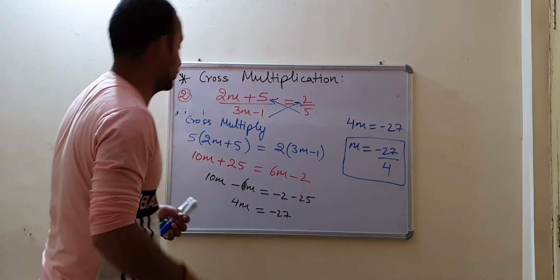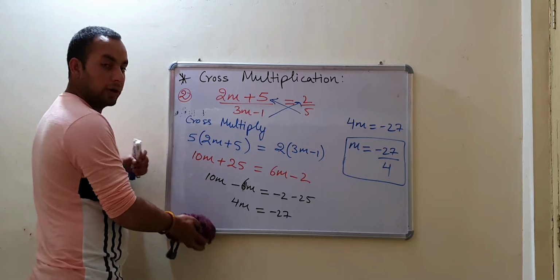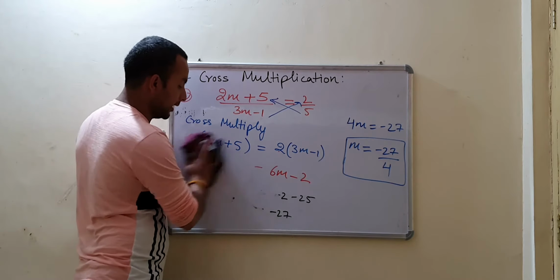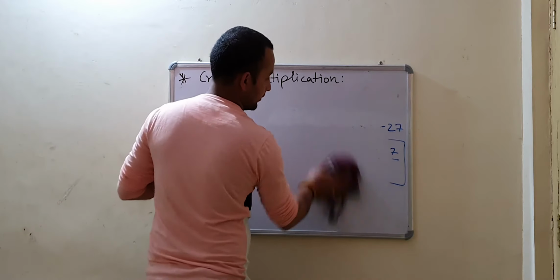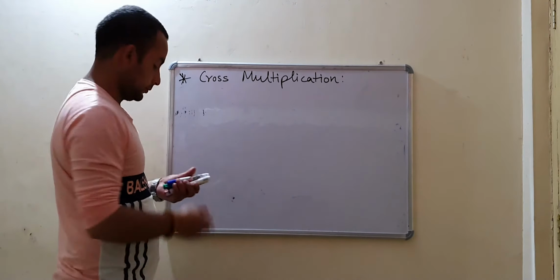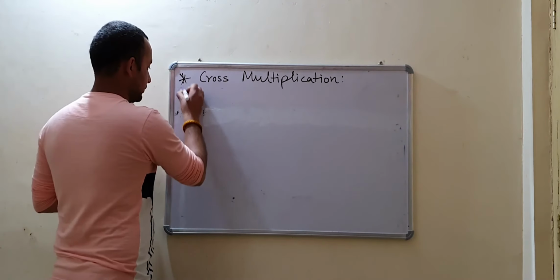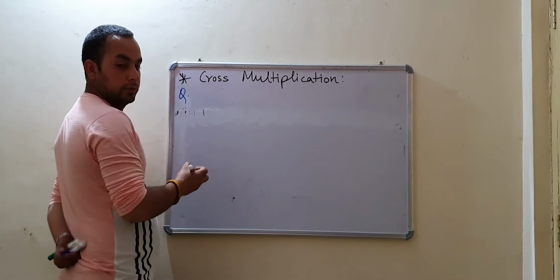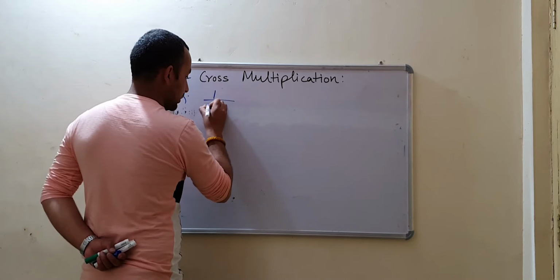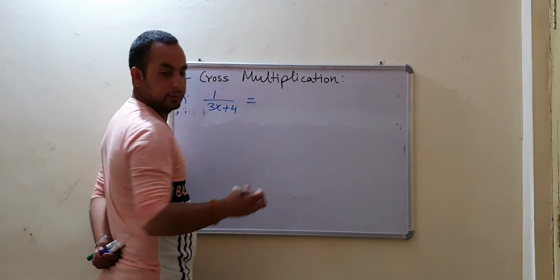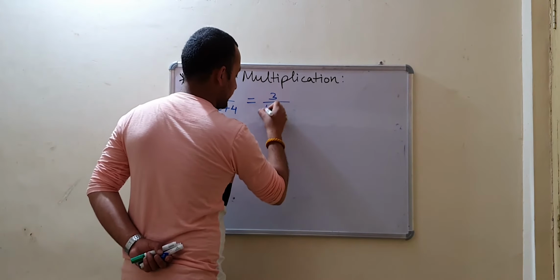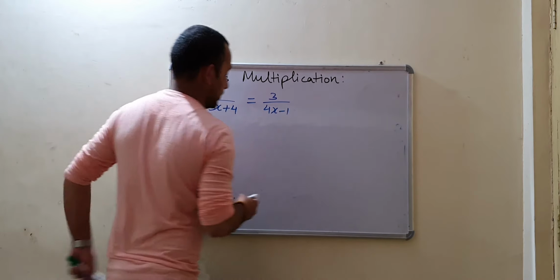Okay class, now we are going to solve the last question of cross multiplication. So the question is 1/(3x + 4) equals 3/(4x - 1).